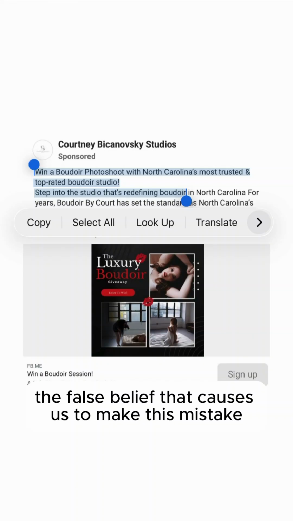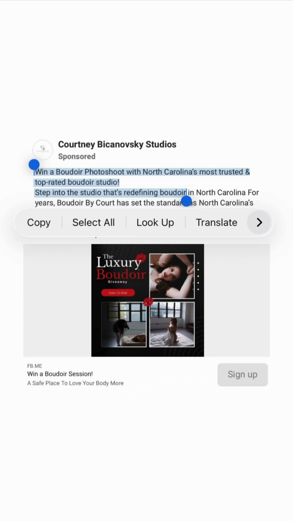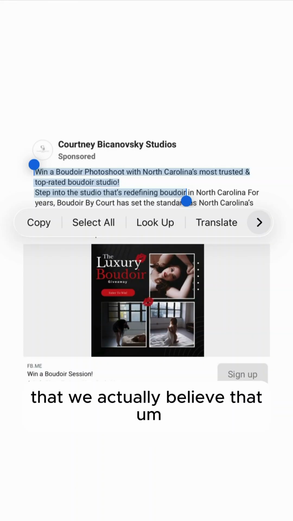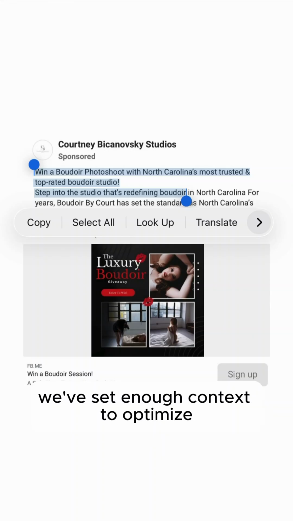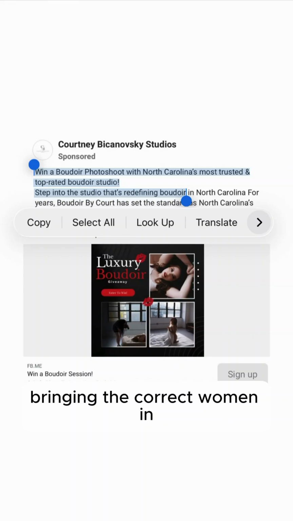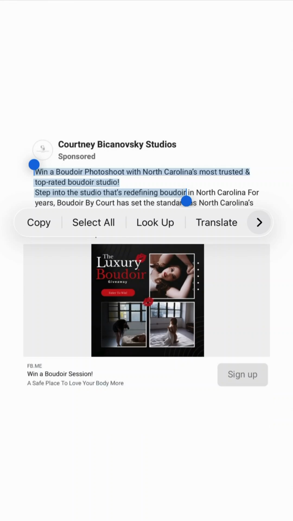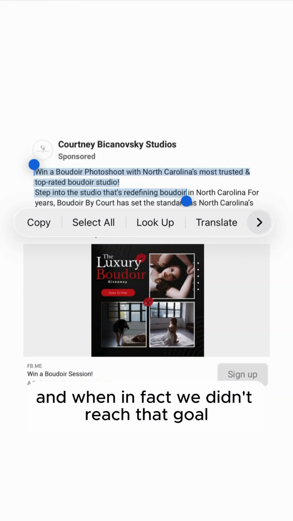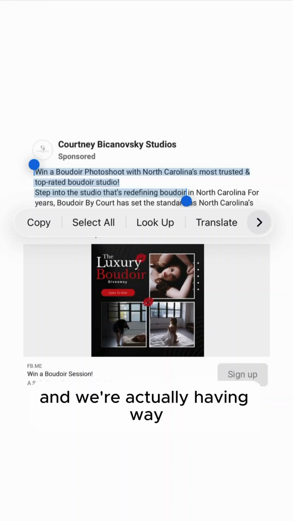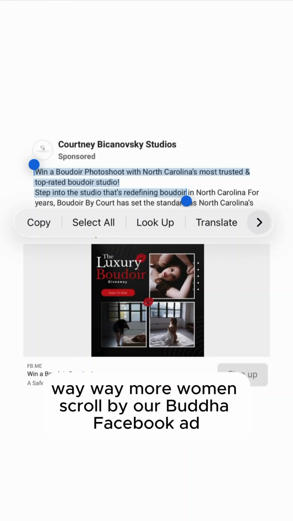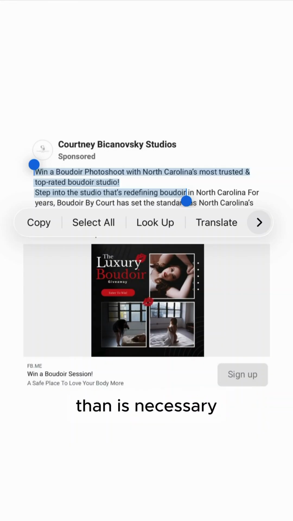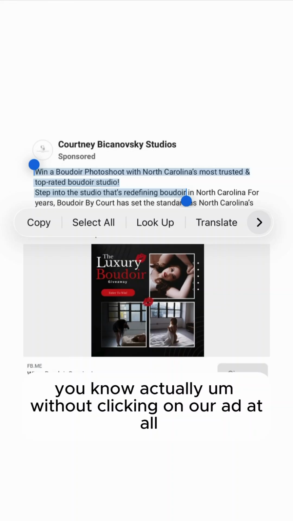The false belief that causes us to make this mistake is that we actually believe that we've set enough context to optimize bringing the correct women in, clicking on our ad, when in fact we didn't reach that goal, and we're actually having way more women scroll by our Boudoir Facebook ad than is necessary without clicking on our ad at all.